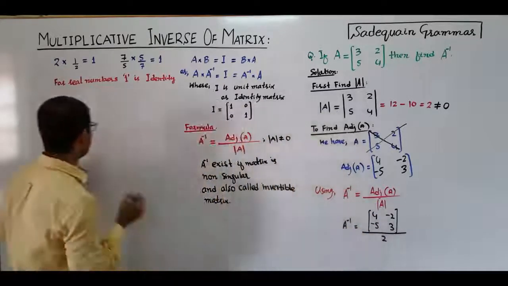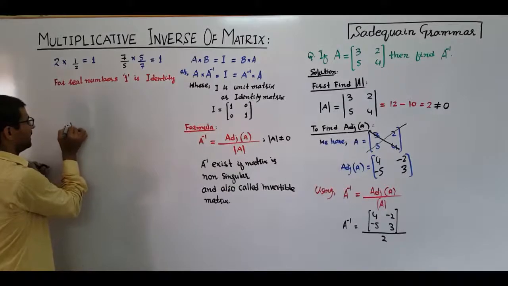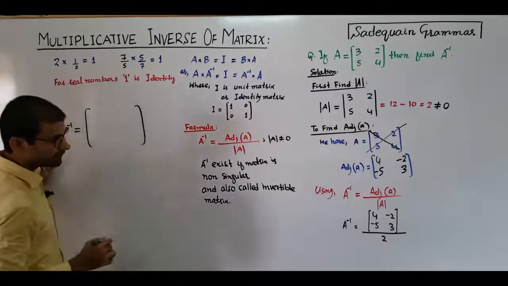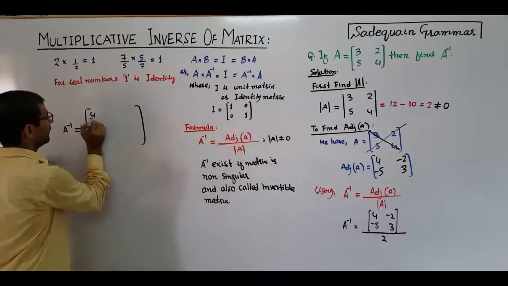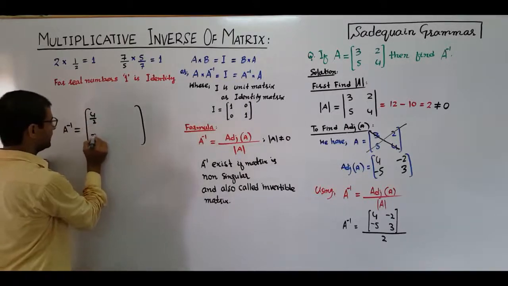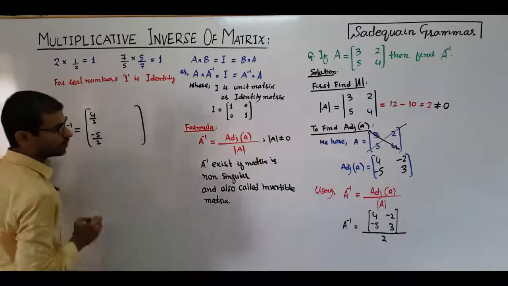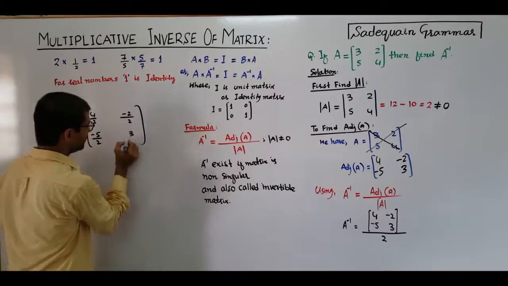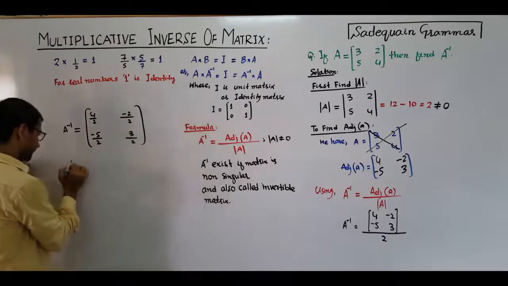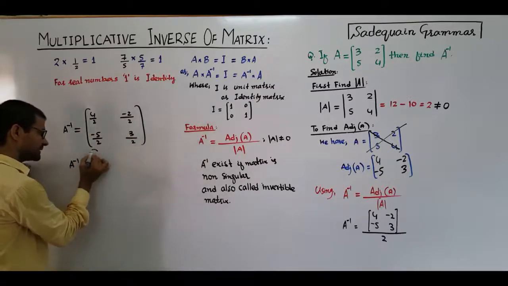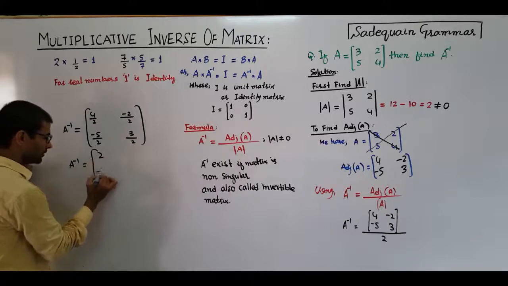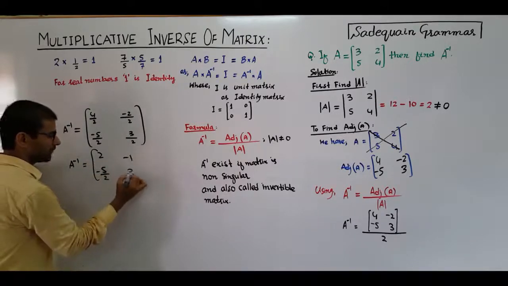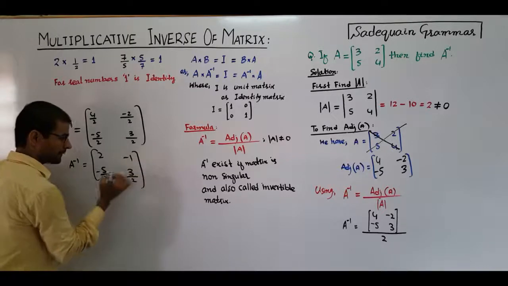So in the next step, A inverse is equal to 4 by 2, minus 5 by 2, minus 2 by 2, 3 by 2. A inverse is equal to 2, minus 5 by 2, minus 1, 3 by 2. This is your answer.